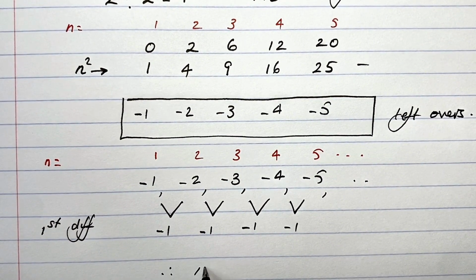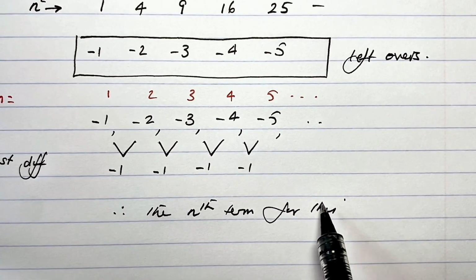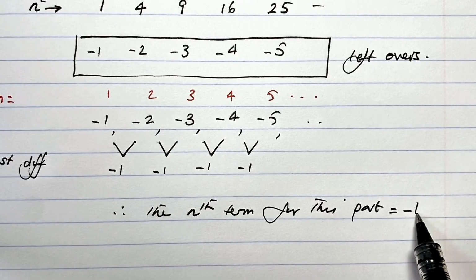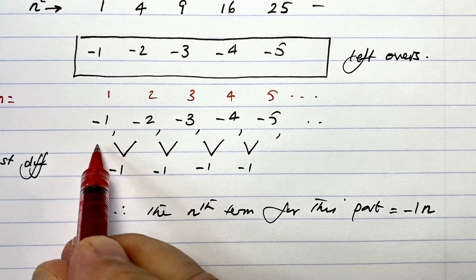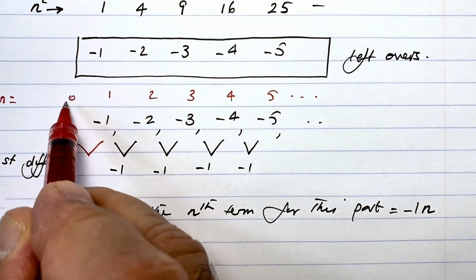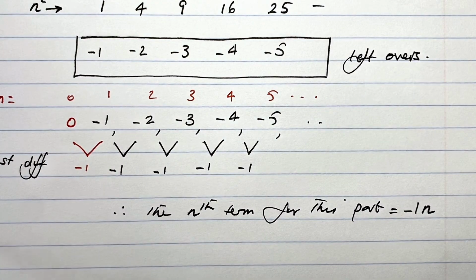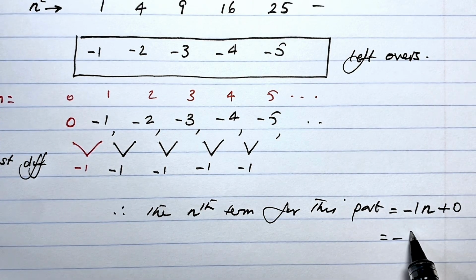Therefore, the nth term for this part is minus 1n. Let's go to the 0th term, and that would be 0. So add 0. So it equals just minus n then.